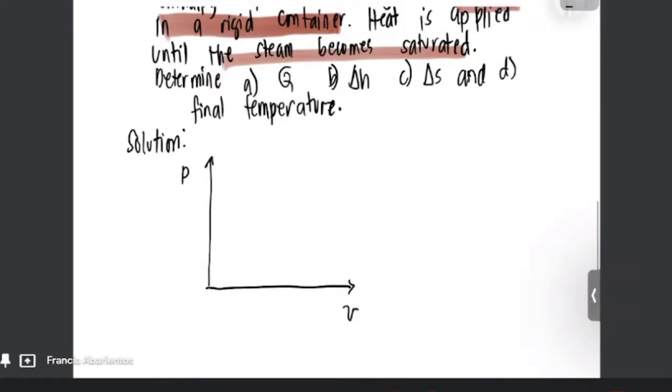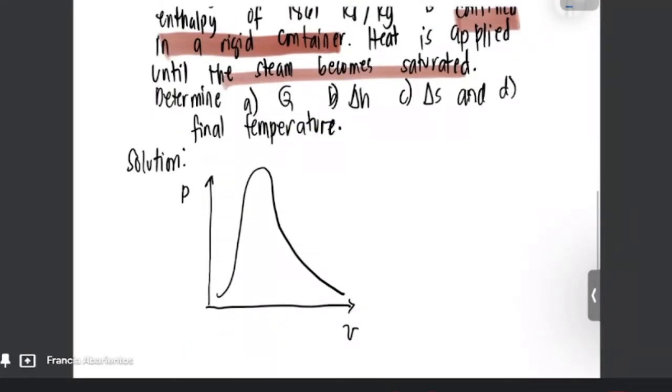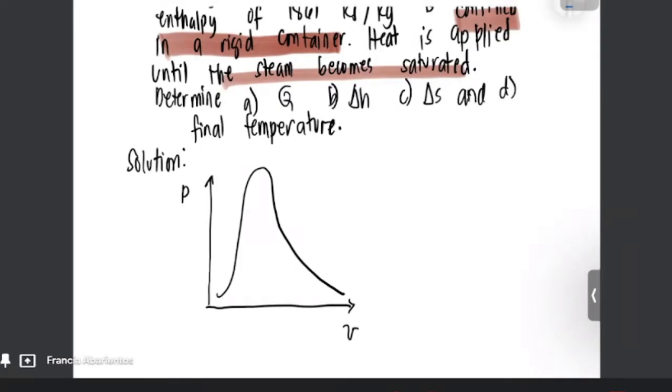Sabi sa problem, confined in a rigid, constant yung volume until saturated. Hindi sinabi saturated vapor, but automatically papunta yan na saturated vapor. Okay. So, mamaya, titingnan natin.